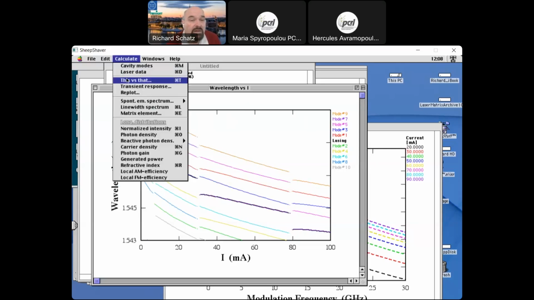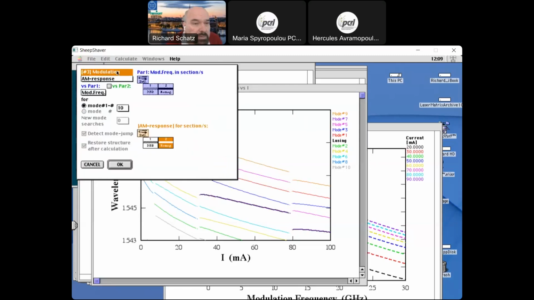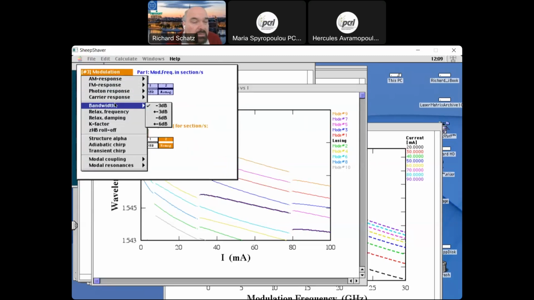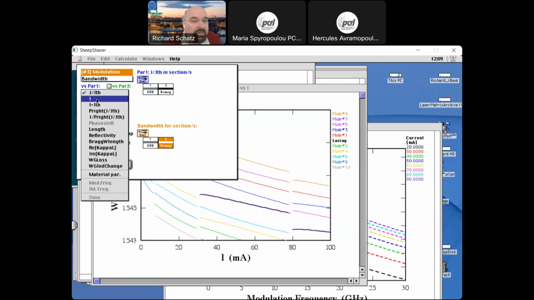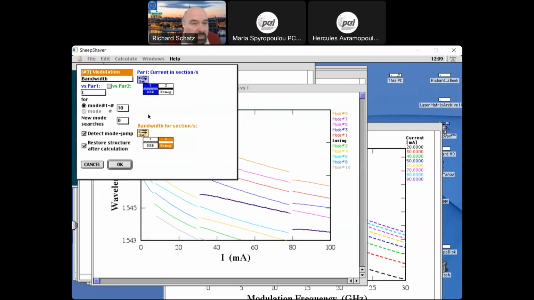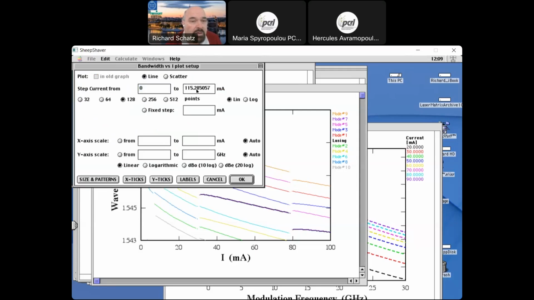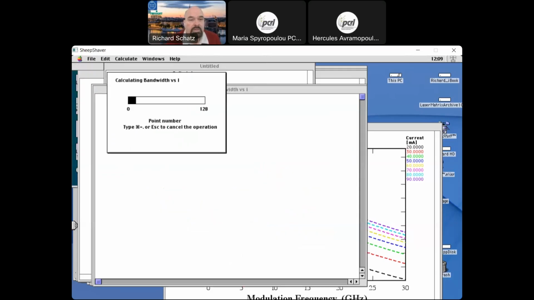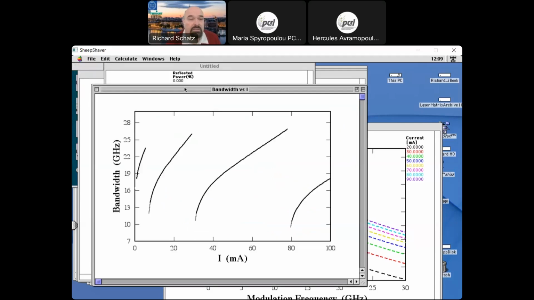So then I calculate here. I put in the 3 dB bandwidth versus current in the passive section, and the bandwidth for the active section, and then we just calculate. I go again to 100 milliamp. It will take a little bit of time since I have a multi-mode calculation. So now it calculates the bandwidth for each current in the passive section, with a constant current in the active section.